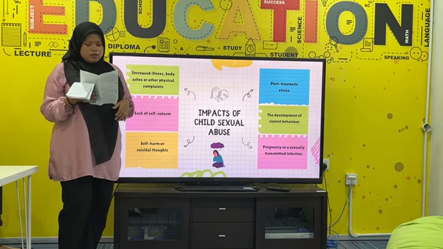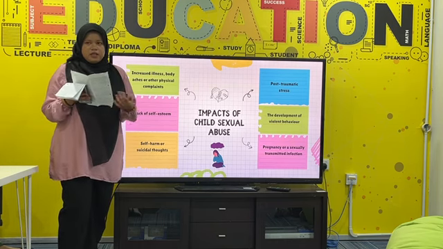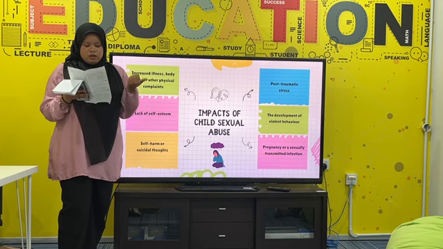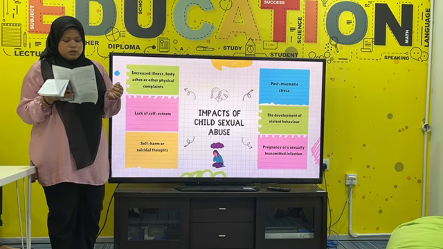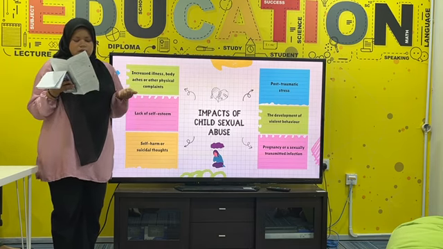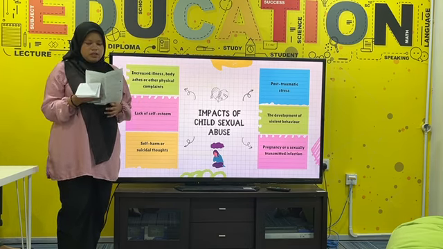A child who has been sexually abused also can have infections like HIV, chlamydia, gonorrhea, or syphilis. It can lead to long-term health issues, including chronic pain, infertility, or life-threatening conditions.